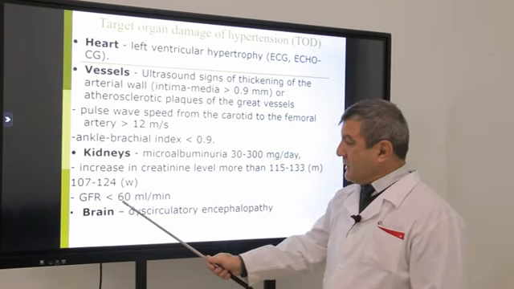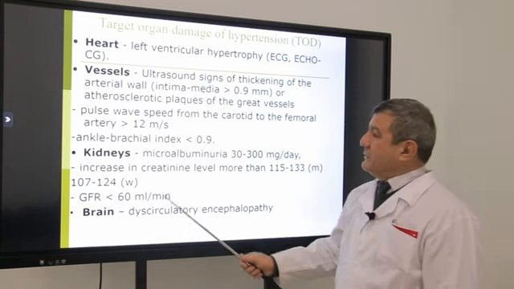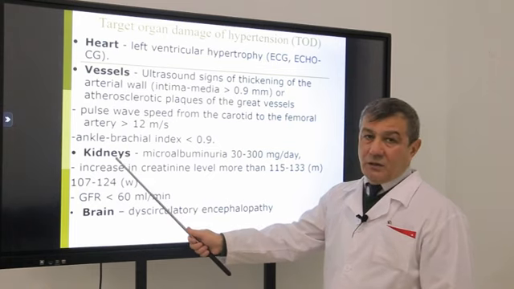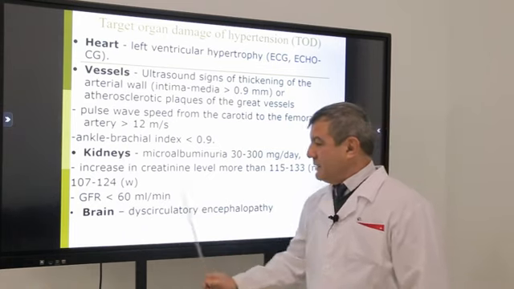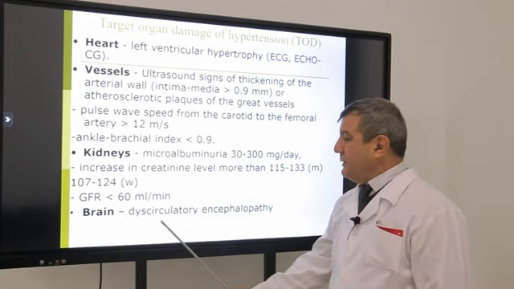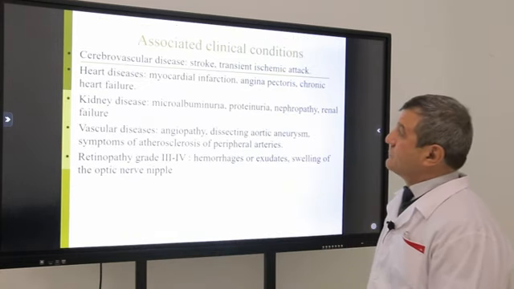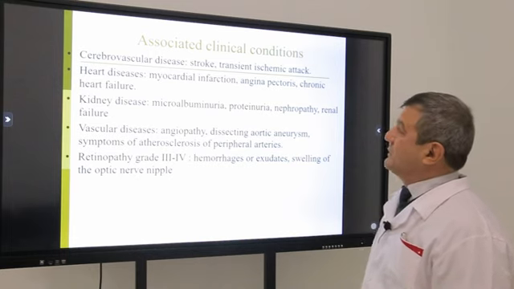Glomerular filtration rate less than 60 milliliters per minute. If we have these signs, the patient has kidney damage. Next one, brain. Hypertensive encephalopathy also means damage of the brain.